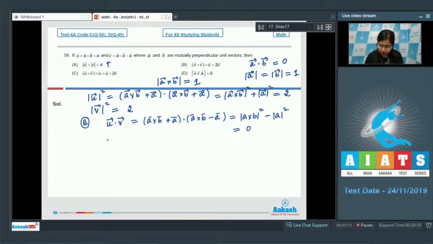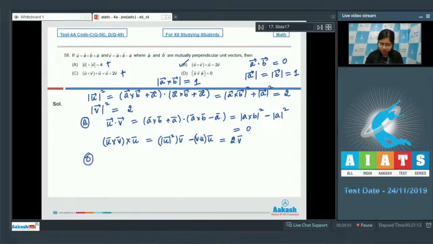So now in option B we have to find u cross v cross u. So that will be equal to mod u square into v vector minus v dot u into u vector. So that is equal to, as mod u square is 2, 2 into v vector minus 0. So option number B is correct and eventually option number C is incorrect.